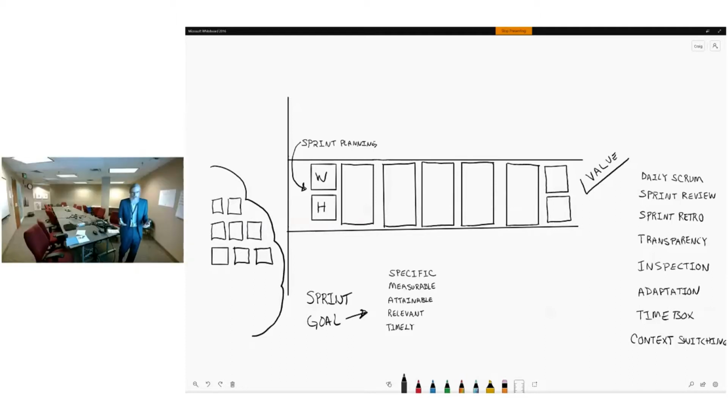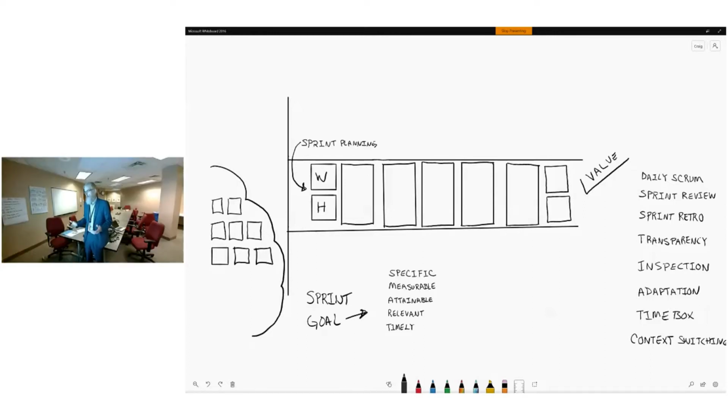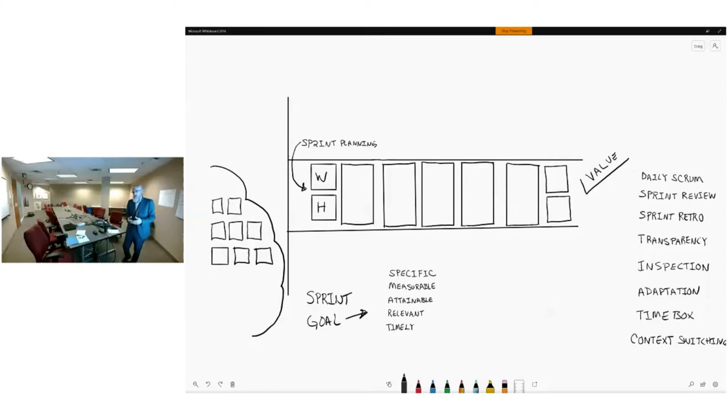And one individual asked, well, if we're going to do chicken soup and we need a chicken, what do we do if it takes 6 weeks to get a chicken and we have a 2-week sprint? So this comes to the question of attainable. When we're doing the what part of the sprint planning meeting, we want to make sure that whatever we commit to is attainable.